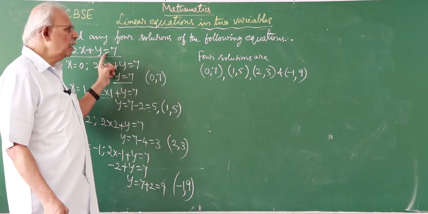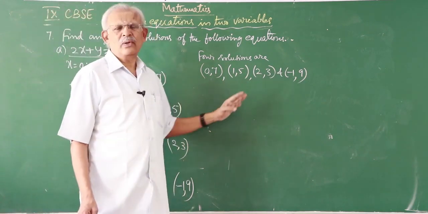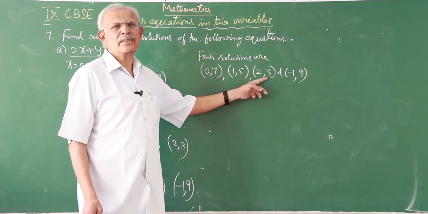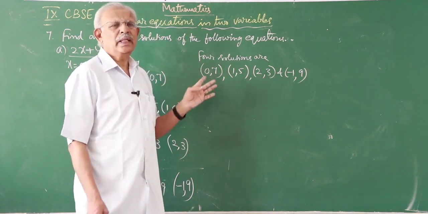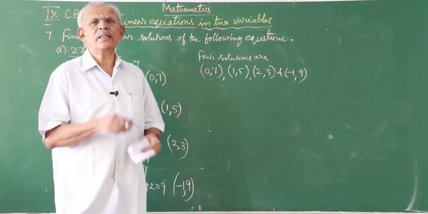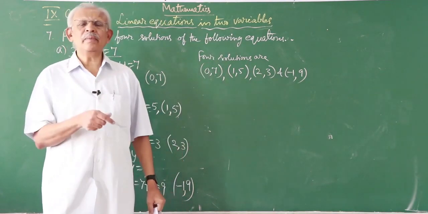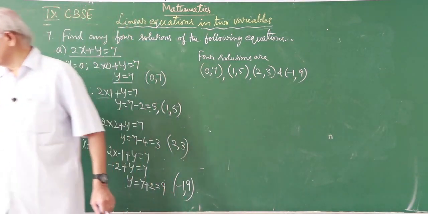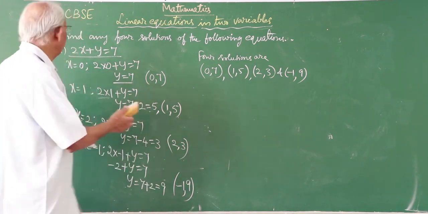Of course, then you need not take 4 values. If you take 3 solutions, that is enough. But here, you are required to find 4 solutions because it is asked like that. In the examination, if you are asked to find 3, you can find 3 only.